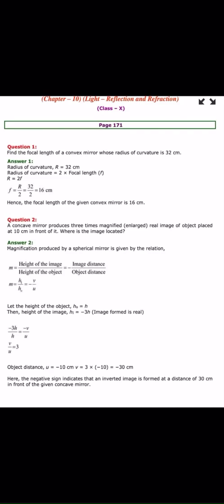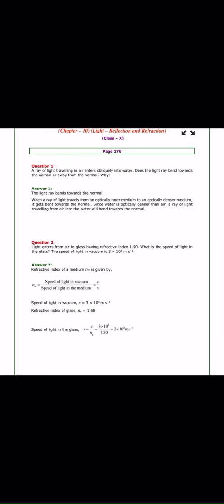By cross multiplication we will find the value of v, because we have to find where the image is located. By calculating we get the value of v as minus 30 cm, and the minus sign indicates that a real inverted image is formed at a distance of 30 cm in front of the given concave mirror.